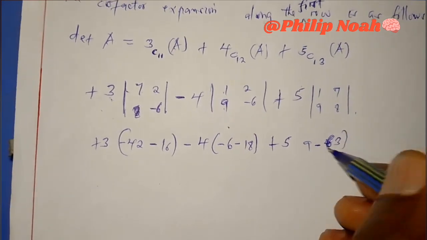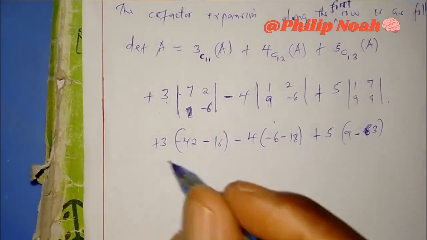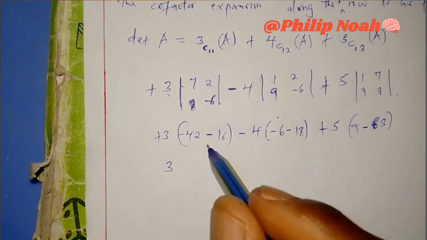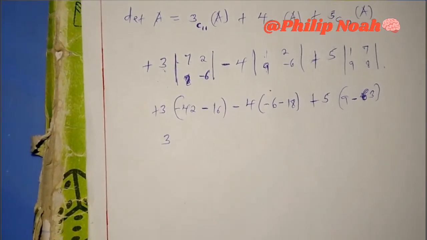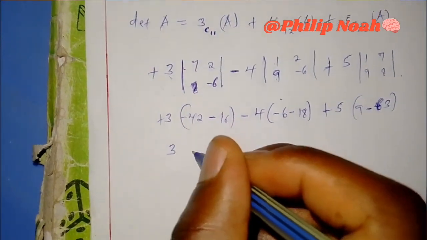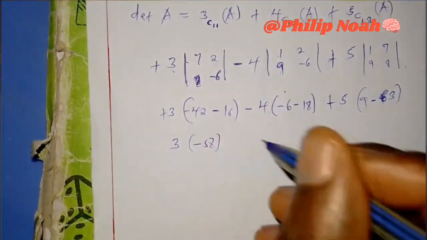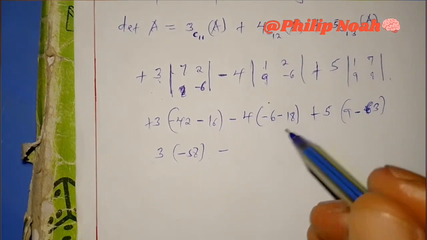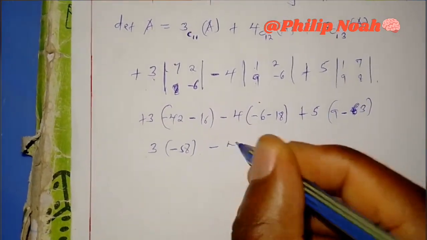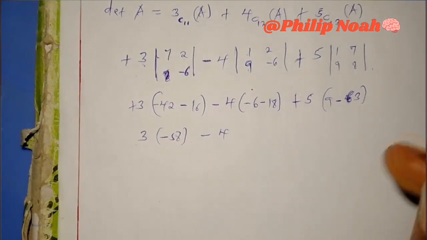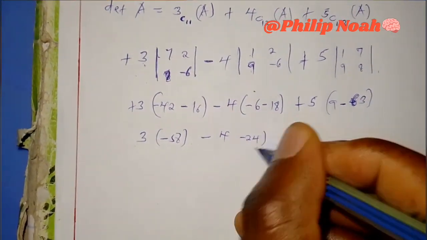That gives us 63. So this will give us positive 3, negative 42 minus 16. That gives us negative 58, minus 4, negative 6 minus 18, that gives us negative 24.